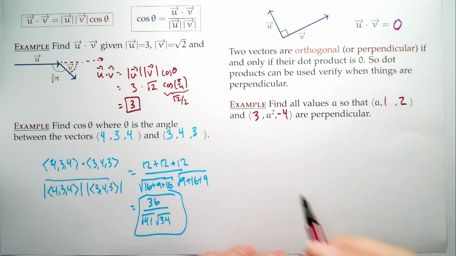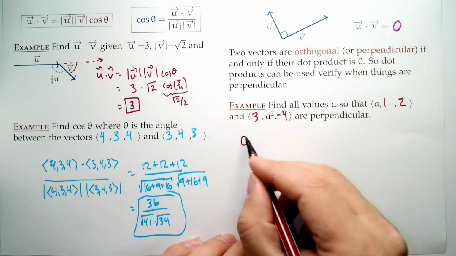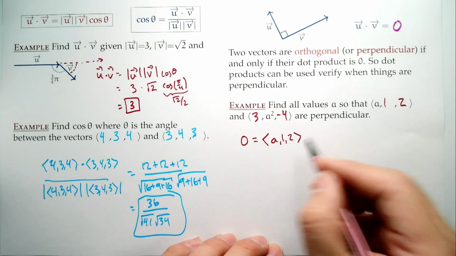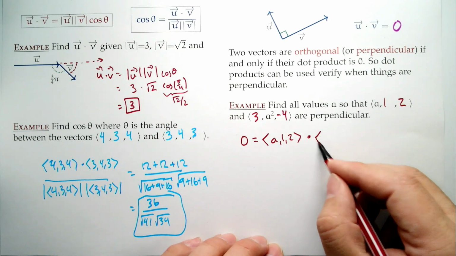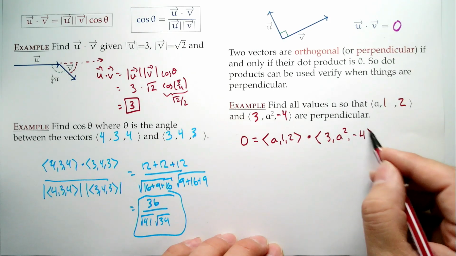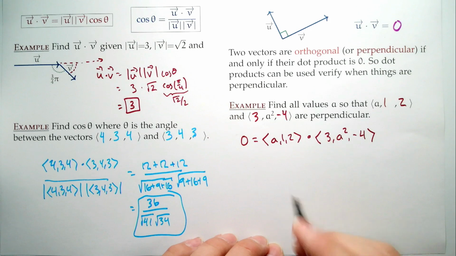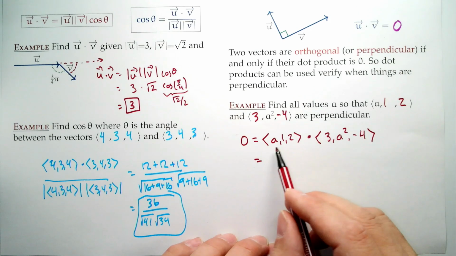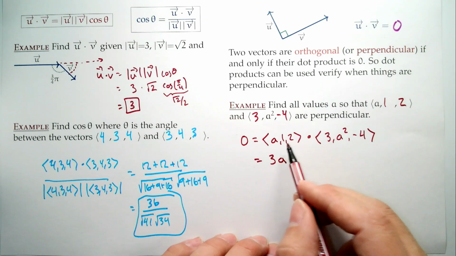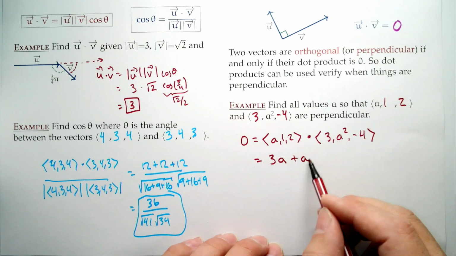Dot product has to be 0. So 0 had better be equal to (A, 1, 2) dot (3, A squared, negative 4). All right, so we carry out the dot product. A times 3, that's 3A. 1 times A squared, that's A squared.